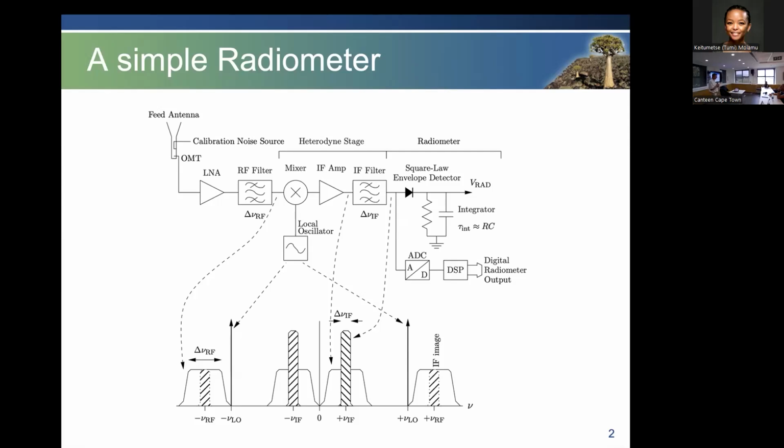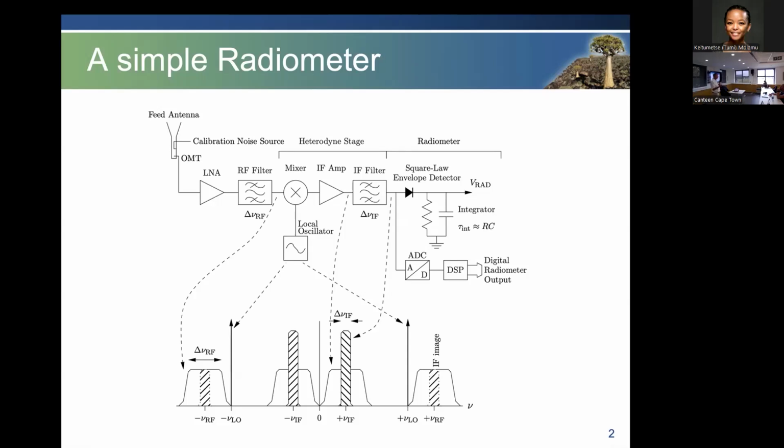Now, the way we used to do this, and quite literally used to do this, is to have an analog square law detector. You have a nonlinear electronic circuit that includes a diode. The diode's voltage-current characteristic is exponential, but everybody knows that an exponential is something like a parabola, and the parabola is x squared.